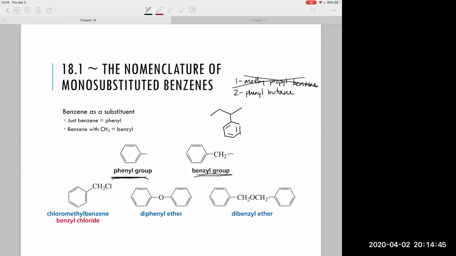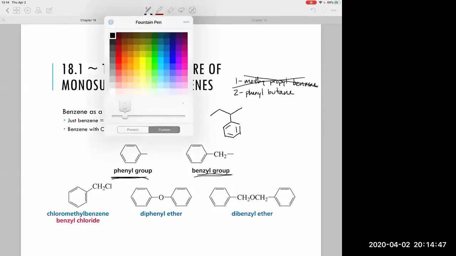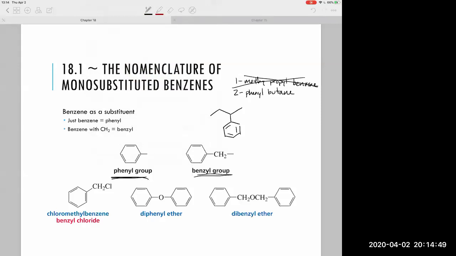Okay, and then another example of when you would have to refer to it with the benzyl prefix would be something like, so again, I have this long chain that's going to be my parent chain, but now I have a carbon in the middle. All right, so everybody take a second and see if you can give me what this would be called.